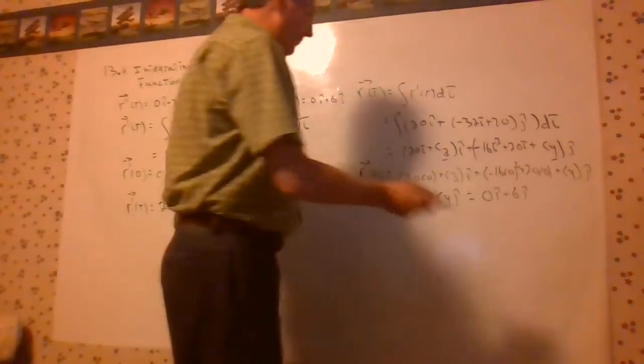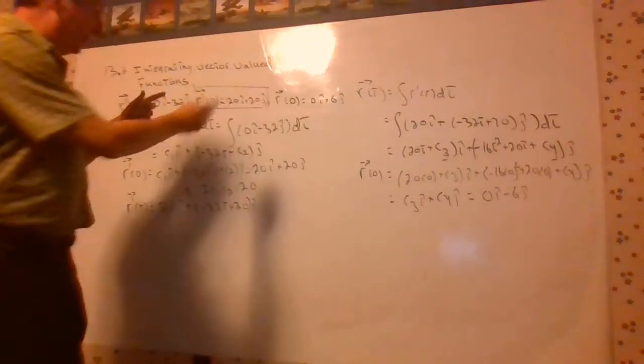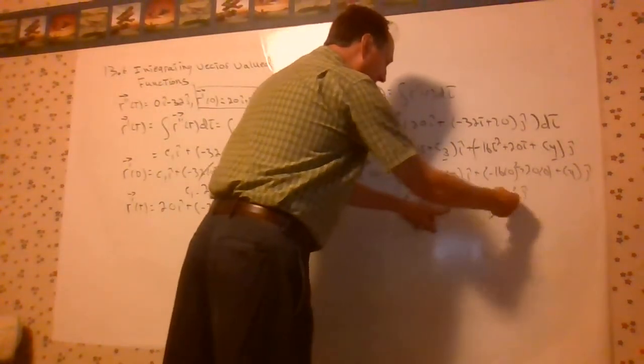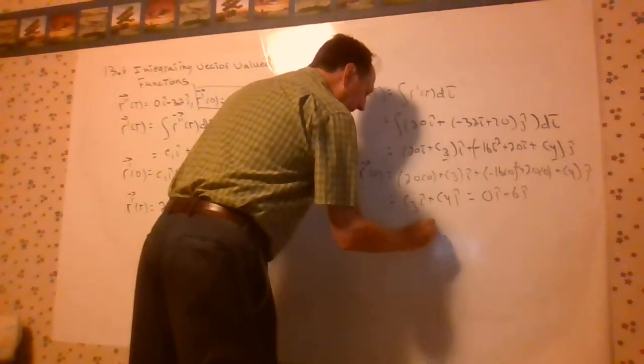It's not always so simple. If there were sines and cosines in here, then not everything would zero out except the constants. In any event, you can see c3 is 0, c4 is 6.